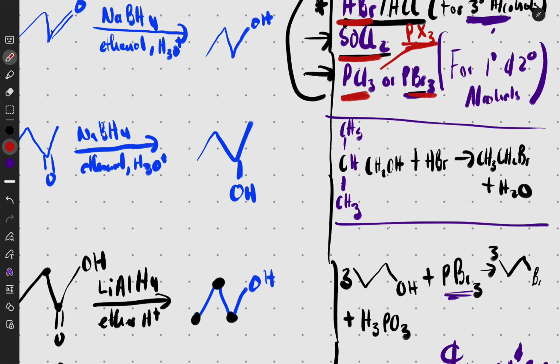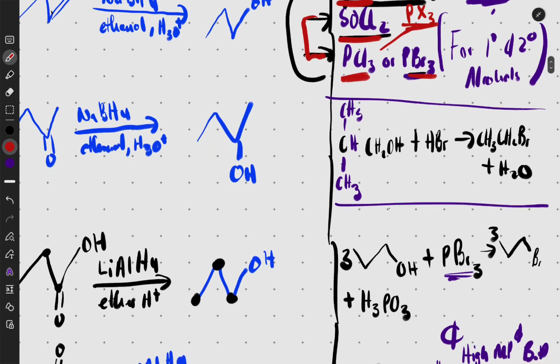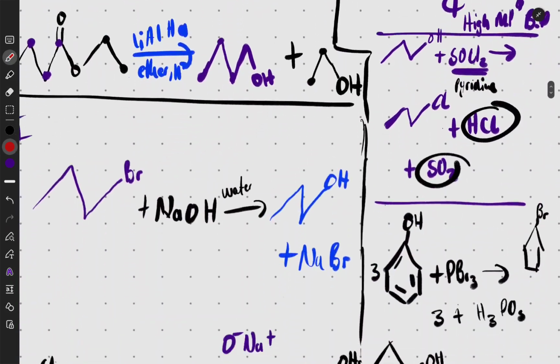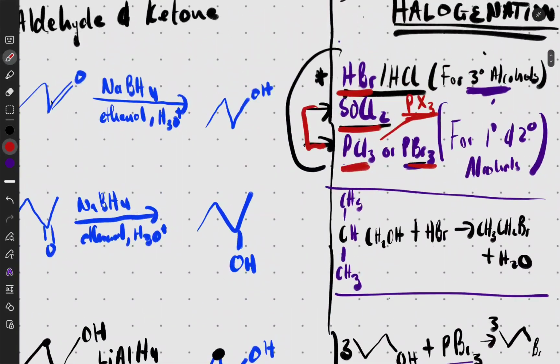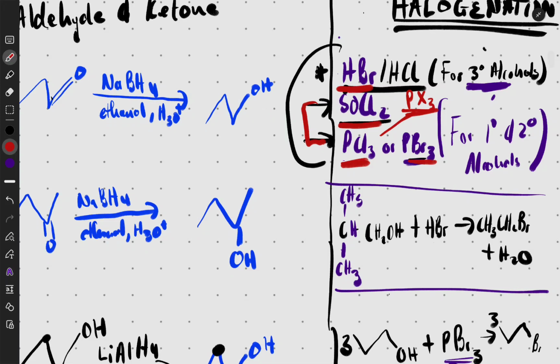So here you have your alcohol meeting HBr, and we said tertiary alcohols are usually the ones that love this guy. They're the ones that work with this guy. Then these 2 only work for primary and secondary, and they work for cyclic alcohols as well. We said SOCl2 works for primary and secondary, but for those with high boiling and melting points, we love SOCl2.